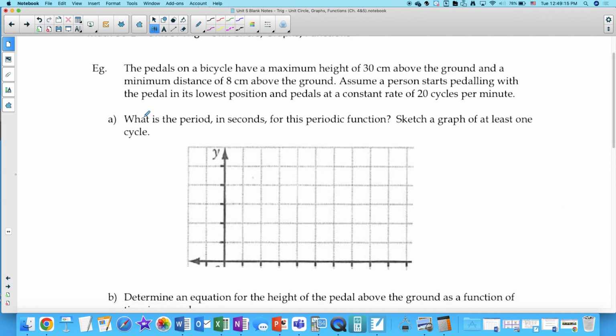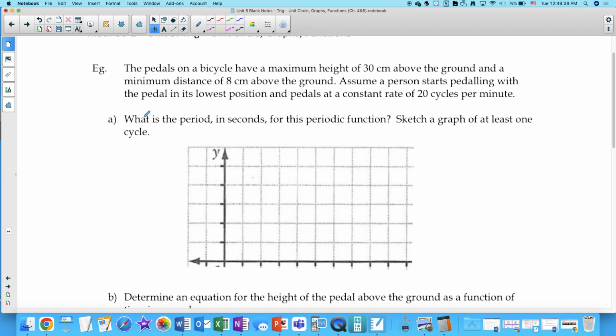The wheel question. This is a very, very common question. I don't think I've ever given a trig assessment that doesn't have some sort of wheel question on it. Different ways the wheel question can be asked: it can literally be the wheel of a bicycle or the wheel of a car. It could be the pedals.